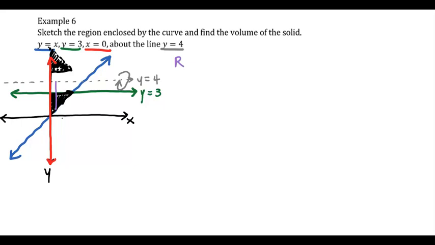We have vertical representative rectangles, so everything in our integral needs to be in terms of x. So this is a capital R of x. We think top minus bottom. The top hits at 4. The bottom hits the line x, the blue line x. That's where the bottom is hitting. So we have our capital R of x.